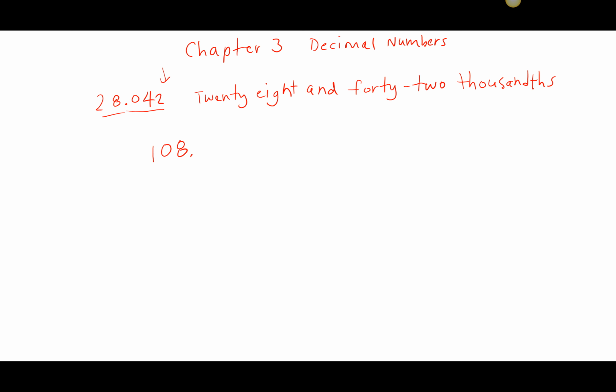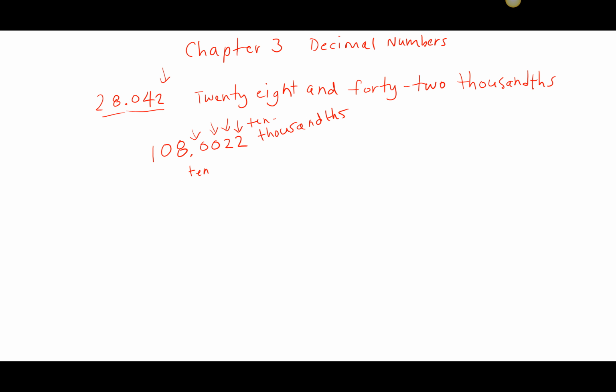22 ten thousandths. So that would be 2 zeros and 22. So this is thousandths, this is hundredths, and this is tenths, okay?